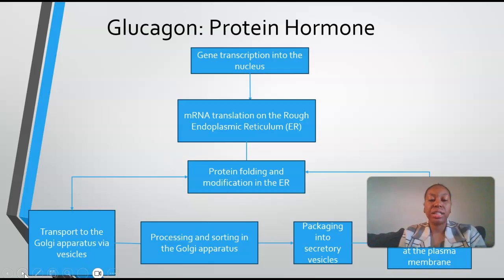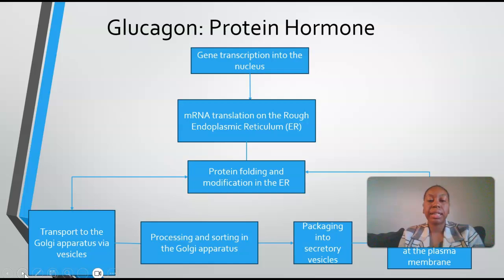Transcription factors initiate the transcription of the gene into messenger RNA, which is processed and transported to the cytoplasm. Here, ribosomes on the rough endoplasmic reticulum translate the mRNA into a polypeptide chain that folds into a functional structure in the ER lumen with possible enzymatic modification.